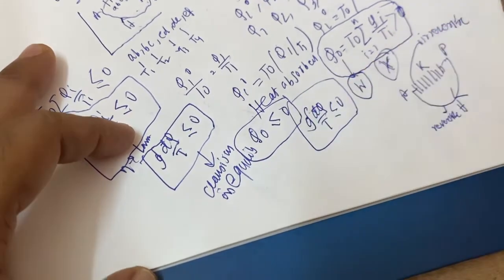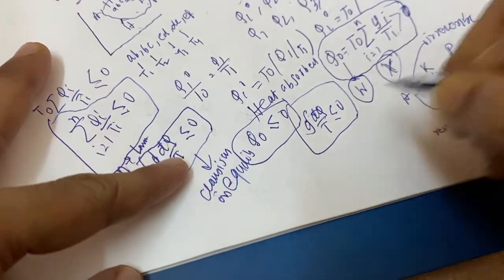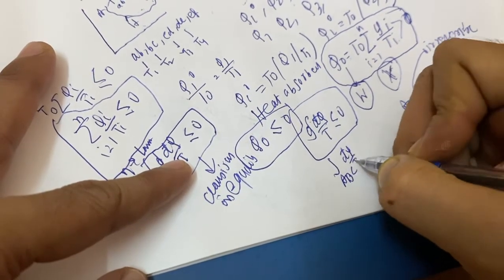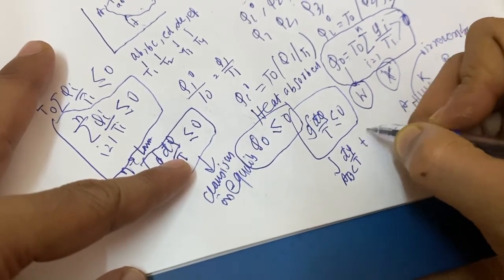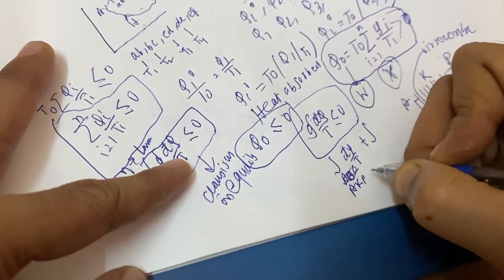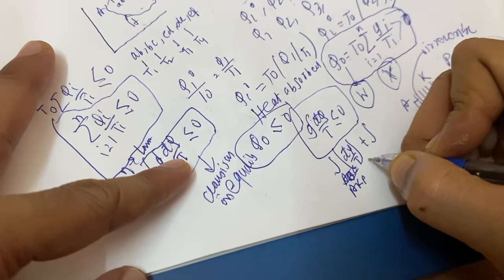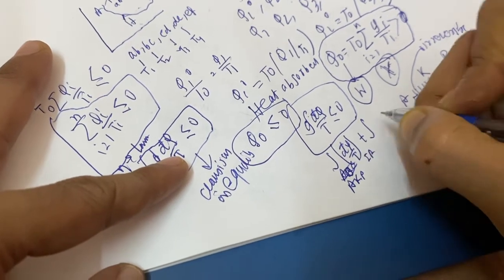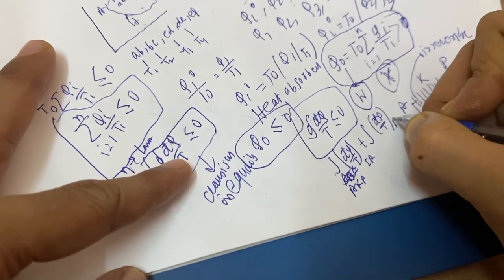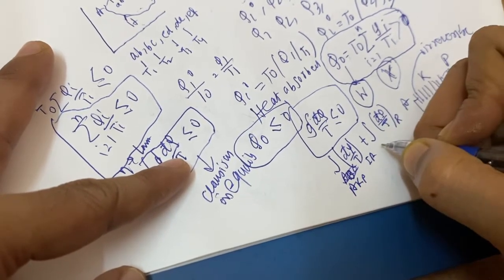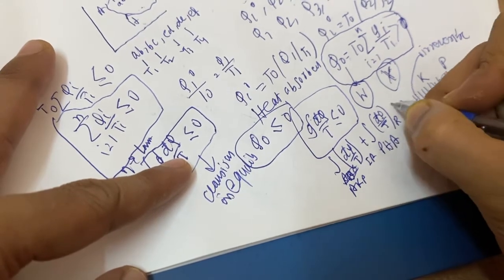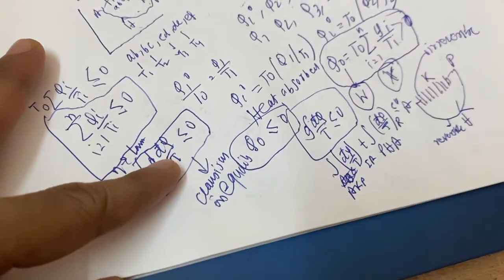We can write the integral over AKP of dQ by T for the irreversible process, plus the integral over PHA of dQ by T for the reversible process, must be less than or equal to 0.